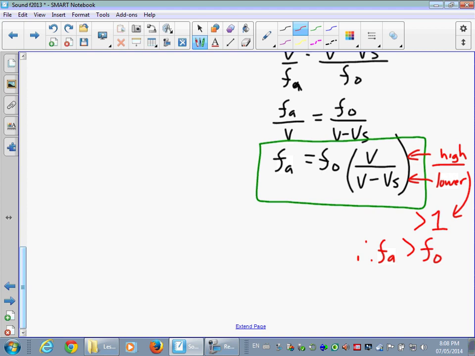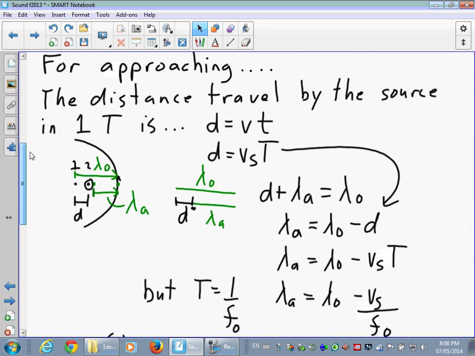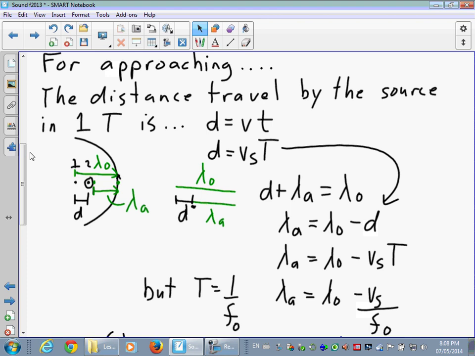Let's consider what happens when the object is receding. We don't have to go back and do the whole derivation all over again. Let's just look and see how it changes. So we'll head up to here. And now, consider our entire wave. Let me extend this out that way.